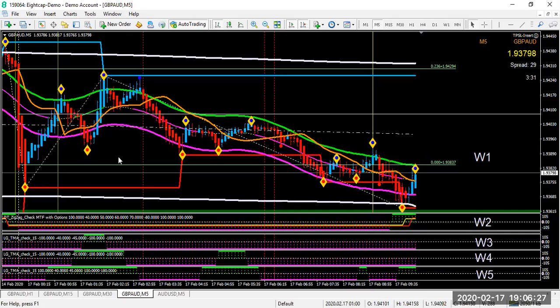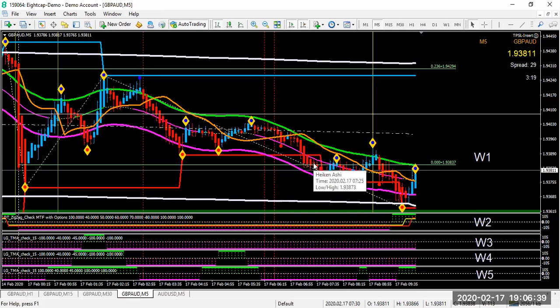Whatever happens to 1 hour happens to the 15, happens to the 5. It just keeps repeating itself as if it's trying to say it enough times so we as traders actually get it.